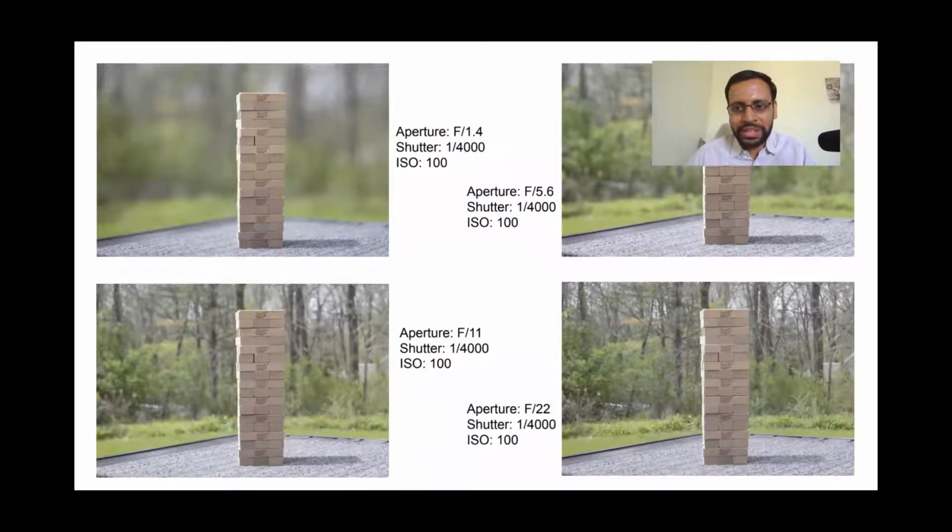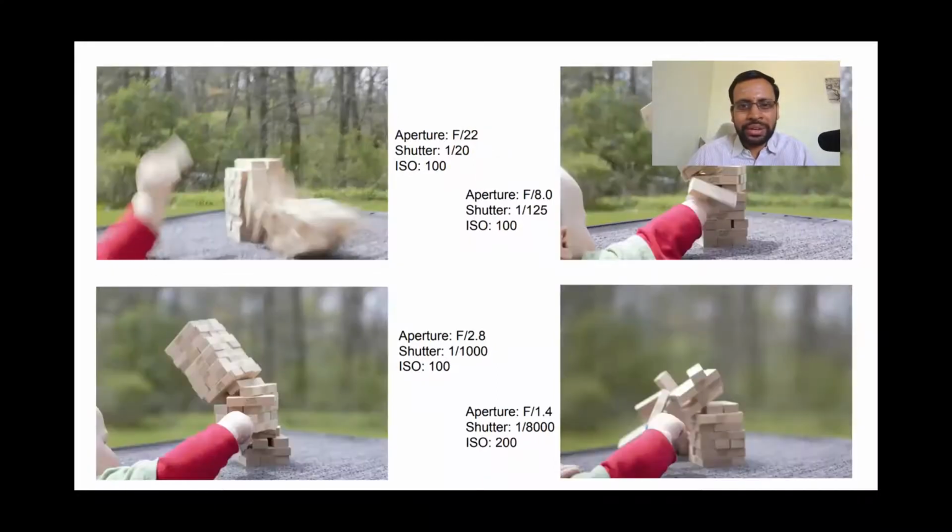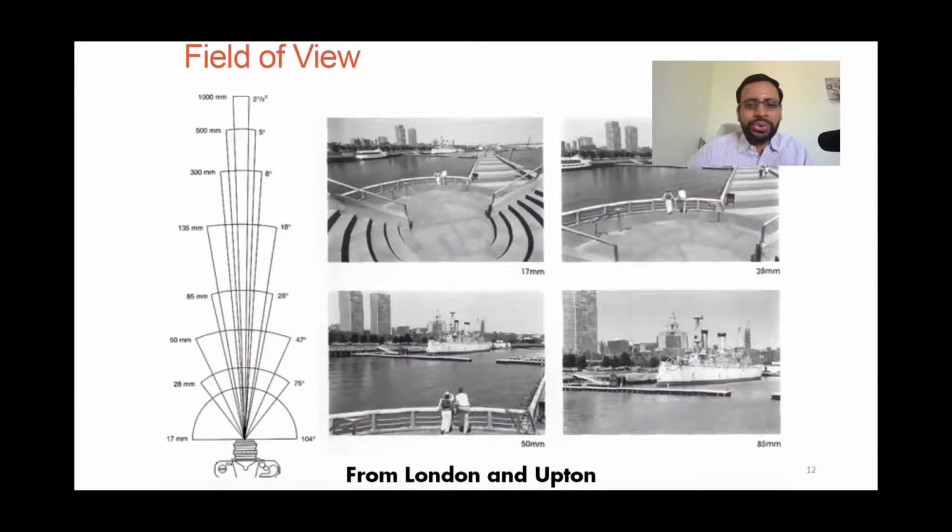Okay, now I would take you through another important aspect of cameras and images referred to as your field of view. Essentially, field of view tells you to what angle you are capturing that image.